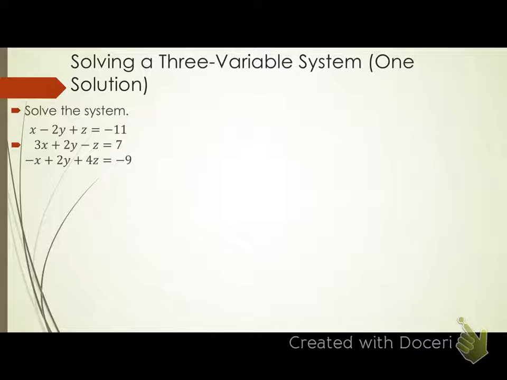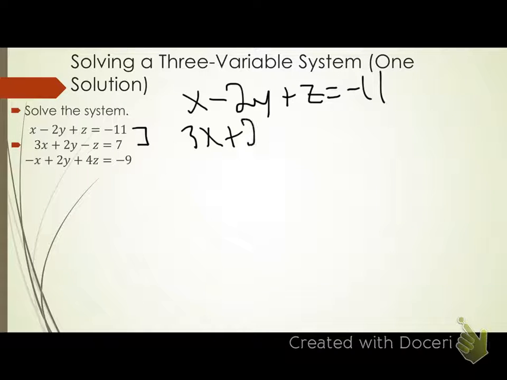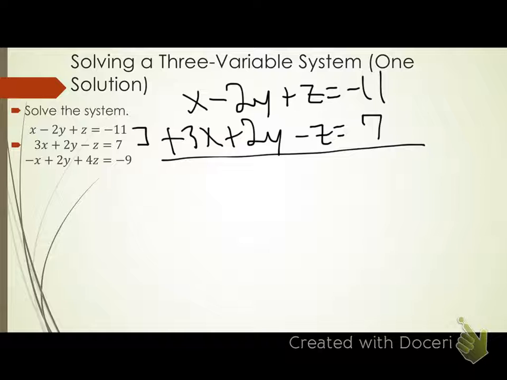So I think y is going to be the easiest variable to eliminate here in this case as well, because they're all 2's, and one of them already has an opposite sign. So I'm going to just add my first and second equation right off the bat, because in my y column, I already have same number, opposite signs.